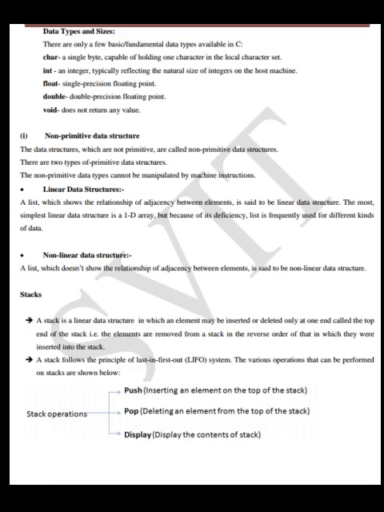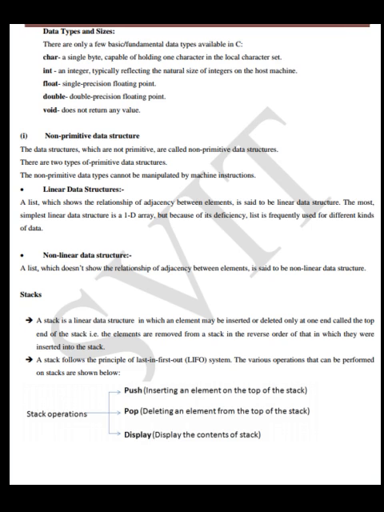Now let us see non-primitive data structures. The data structures which are not primitive are called non-primitive data structures. There are two types of non-primitive data structures. The non-primitive data types cannot be manipulated by machine instructions. Linear data structures. A list which shows the relationship of adjacency between elements is said to be a linear data structure.